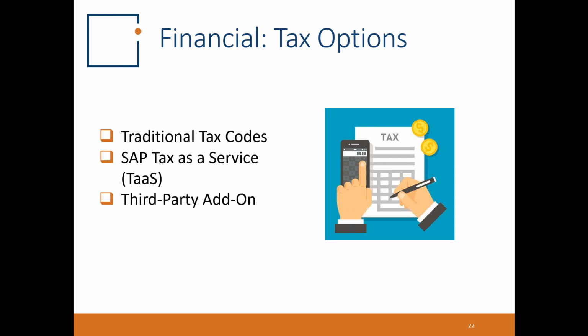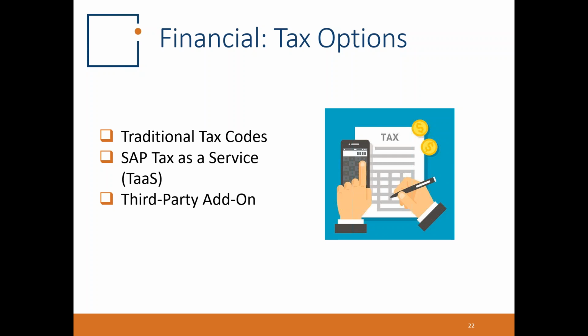It goes to the SAP Tax as a Service hub, takes the relevant information, creates the tax code in real time, and gets you that information. What those solutions don't do is file the taxes for you. They don't manage the certification and things of that nature.